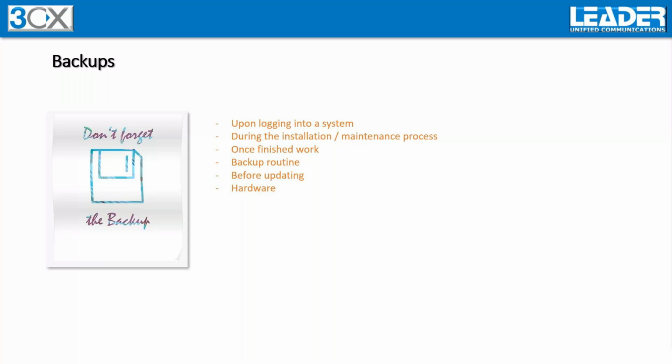If you didn't do sequential backups during the maintenance work, if you have done half an hour of work on the system, you have to literally upload the initial backup and you have to redo your work all from scratch. If you do sequential backups, you can go back to where you started to mess up, and you don't have to do the whole work again. You do a backup once you finished your work on a system.